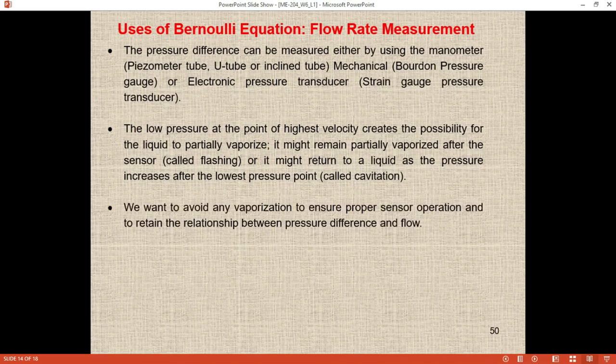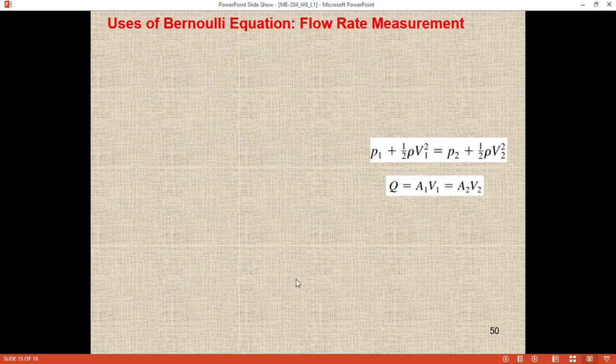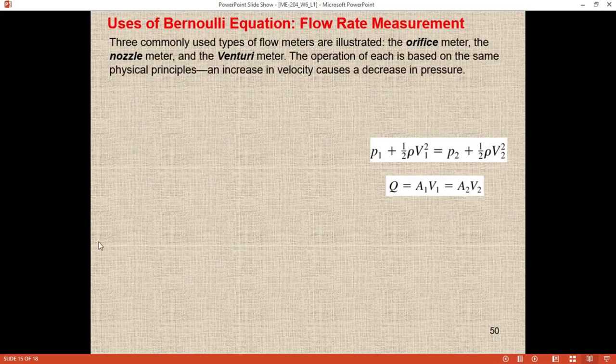We want to avoid any vaporization to ensure proper sensor operation and to retain the relationship between the pressure difference and flow. Vaporization can be prevented by maintaining the inlet pressure sufficiently high and the inlet temperature sufficiently low. Here we can see the three commonly used types of flow meters illustrated.